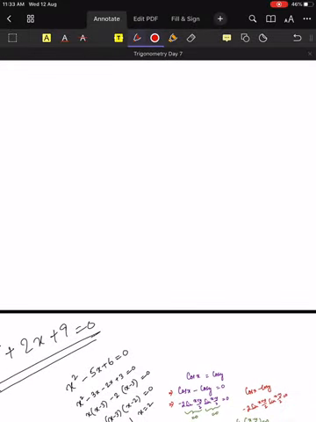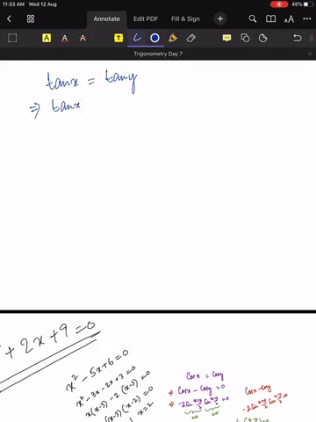So we have tan x is equal to tan y. It's not plus, it's tan x equal to tan y. So here what I will do is take this tan y that side, similar to what we did.